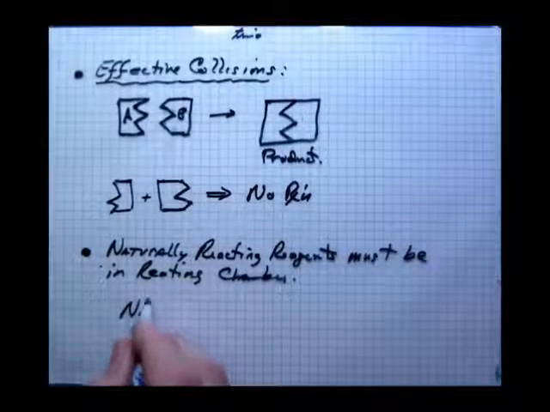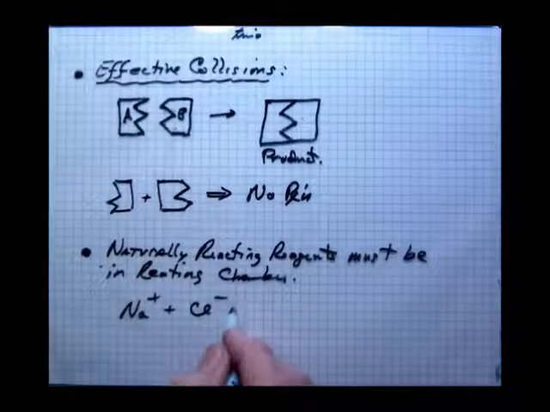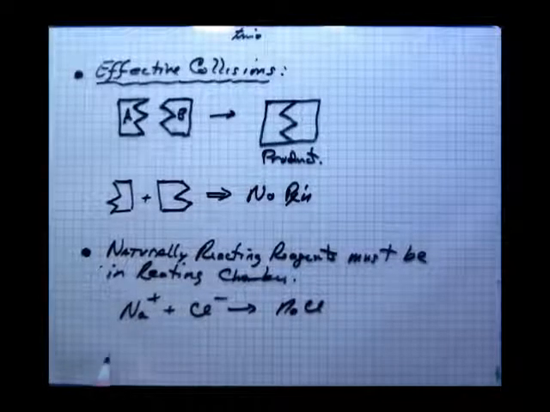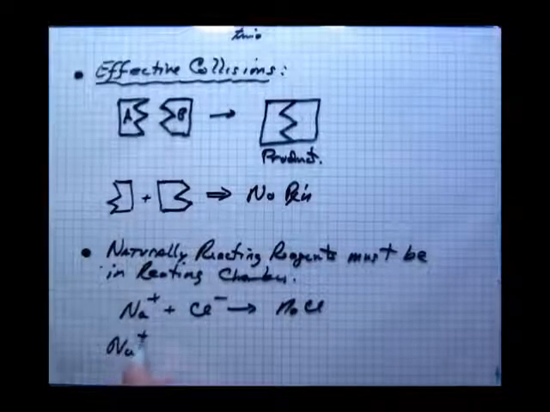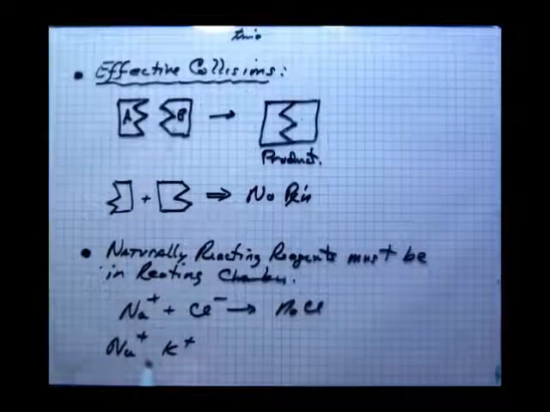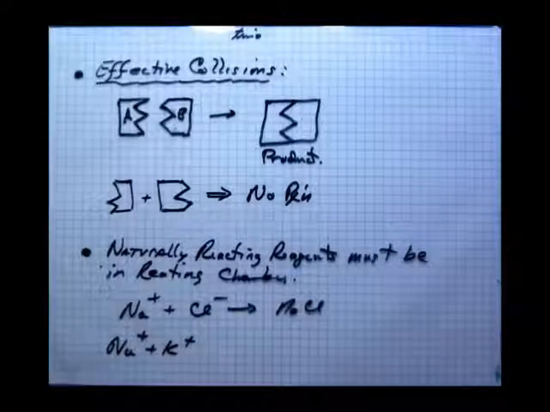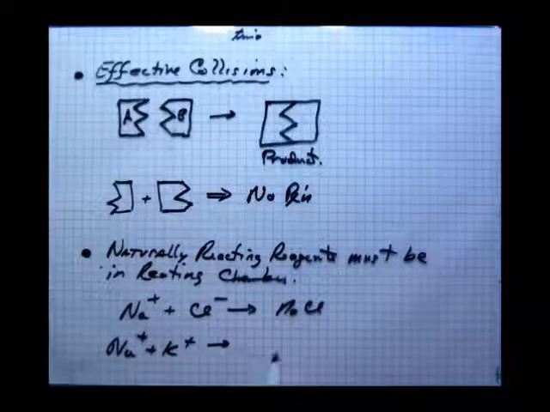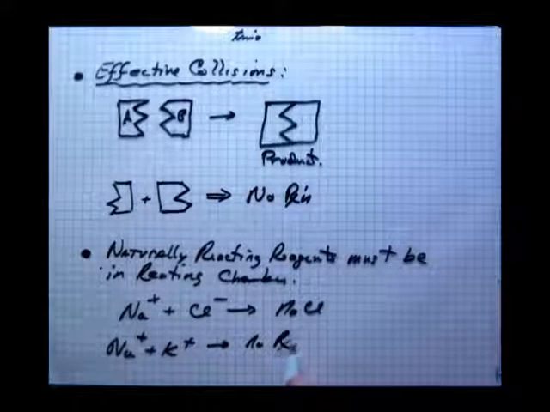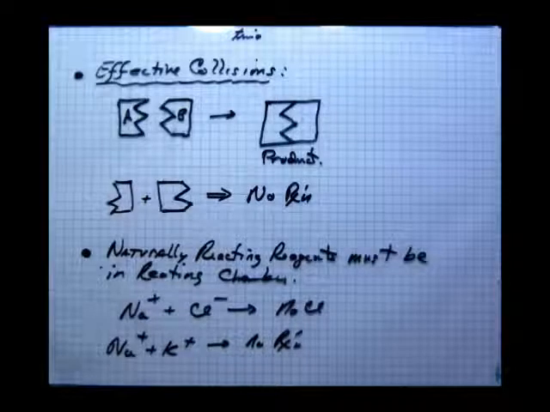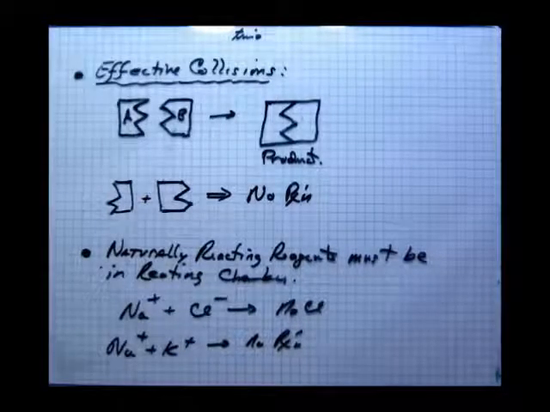So sodium ions plus chloride ions go to sodium chloride. Well, that's good. But if I put in a sodium ion and, I don't know, potassium ions, you're not going to get a reaction out of that. Like charges repel one another, so it's not likely. And it works over into more complex molecules, but I think you see the point that I'm trying to make.